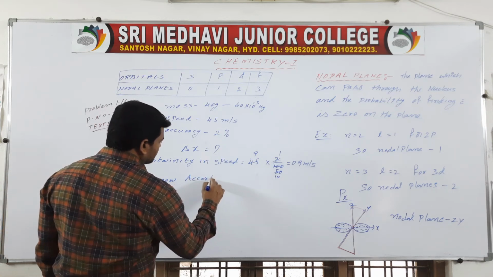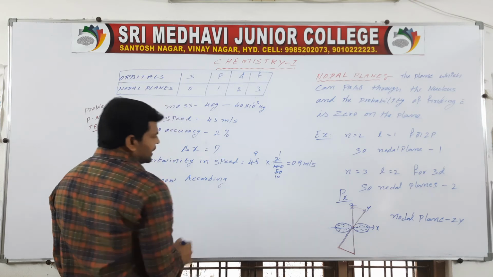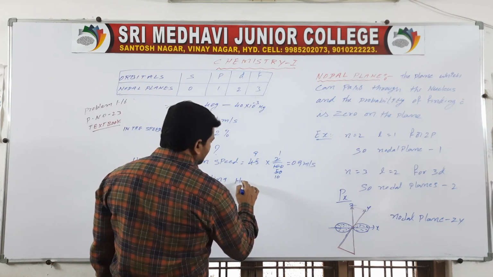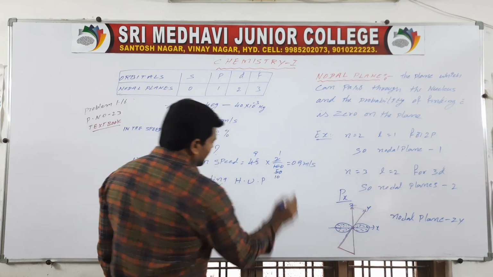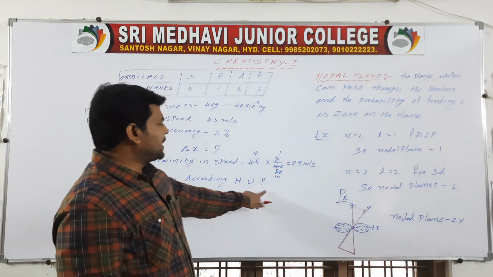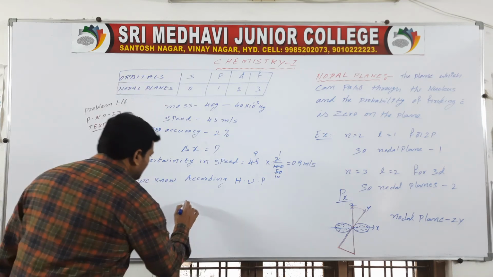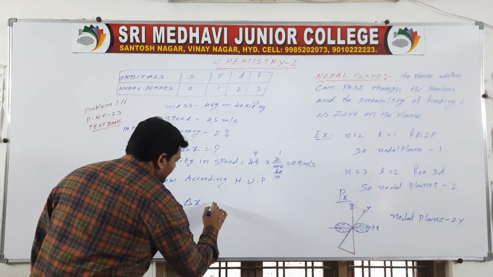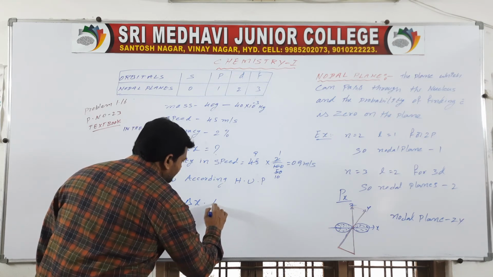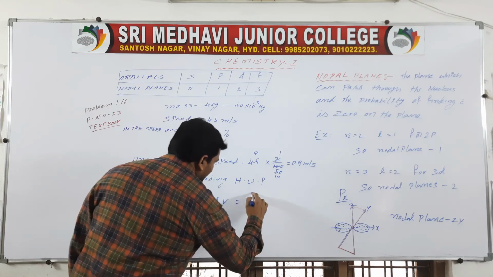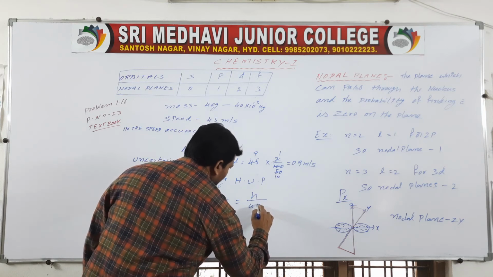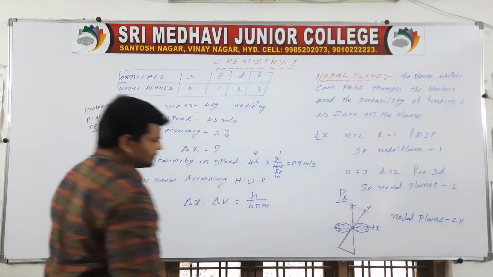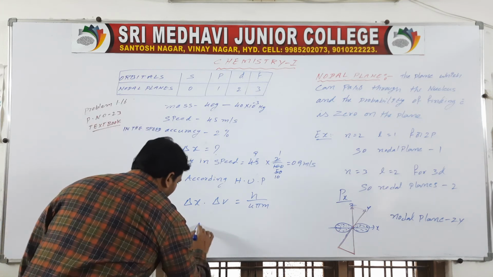So we know, according to the Heisenberg uncertainty principle, delta x into delta v is equal to h by 4 pi m. Then we want delta x.